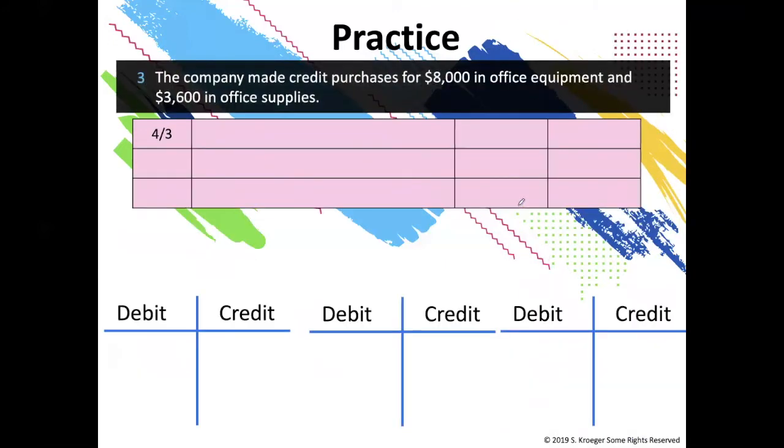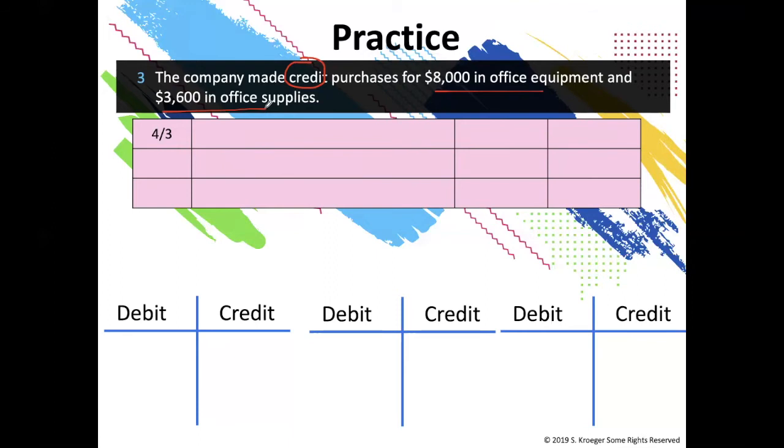On the 3rd, the company made a credit purchase. This is a key word here, credit purchase. It means it wasn't in cash, it was on account. The purchase was for $8,000 in office equipment and $3,600 in office supplies. This is called a compound entry because we're going to be using 3 accounts instead of 2.